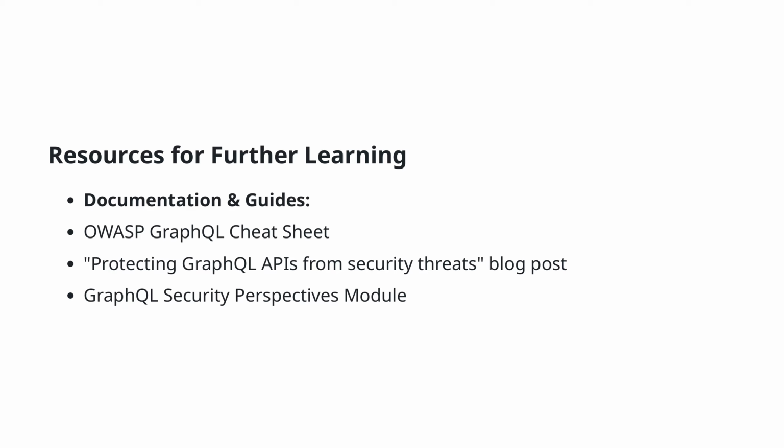This article provides actionable advice and best practices. Lastly, to broaden your comprehension of security perspectives, the GraphQL Security Perspectives module is an excellent structured resource. These materials will give you a solid foundation and keep you informed about the latest security trends and strategies specific to GraphQL.